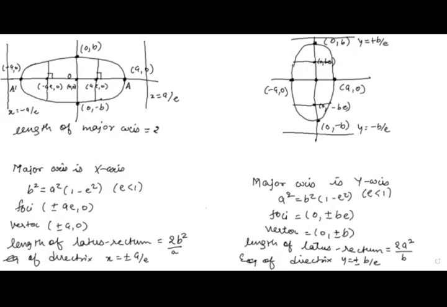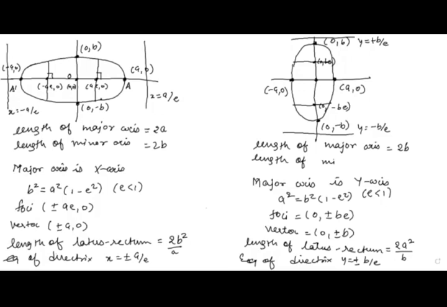So the length of major axis will be 2a, whereas the length of minor axis will be 2b, and in this case the length of major axis will be 2b, and the length of minor axis will be 2a.